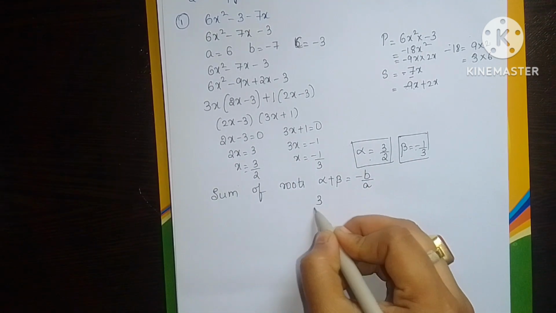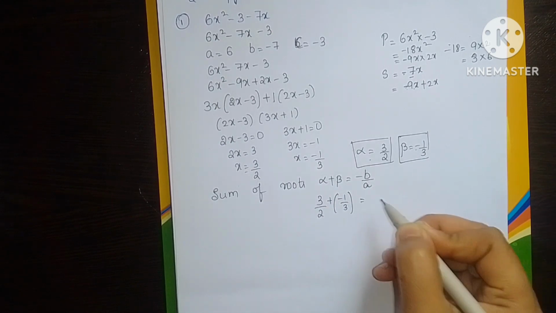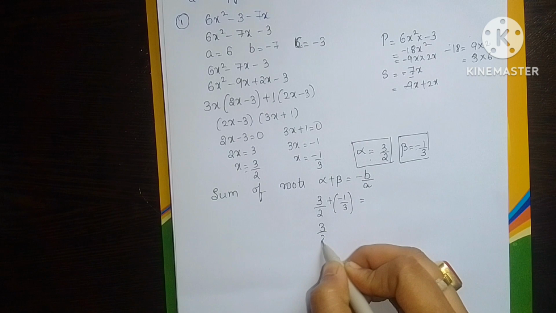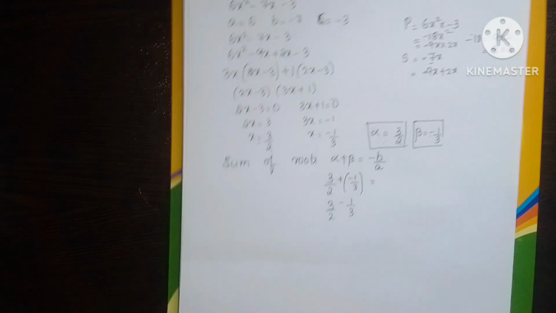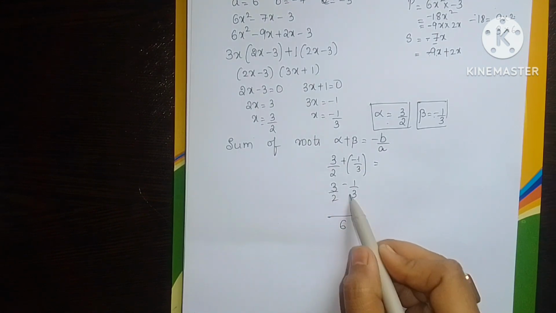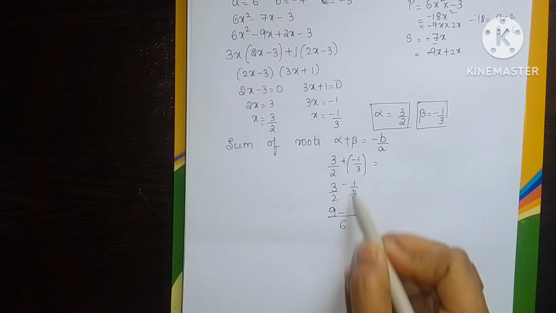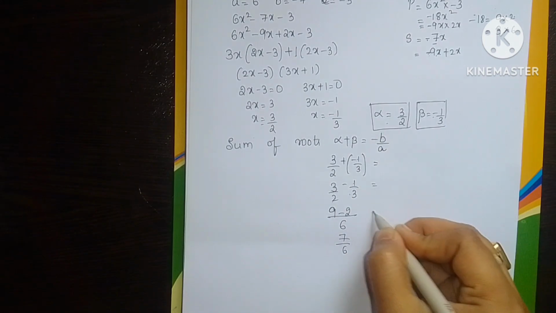So alpha plus beta is 3 by 2 plus minus 1 by 3, that is 3 by 2 minus 1 by 3. The LCM of 2 and 3 is 6. Now do the cross multiplication: 3 threes are 9 minus 2 ones are 2, so we get 7 by 6.